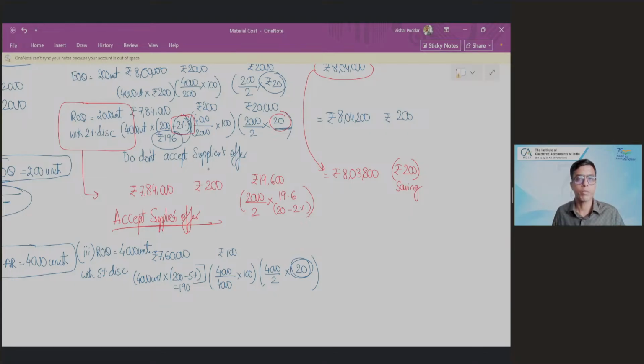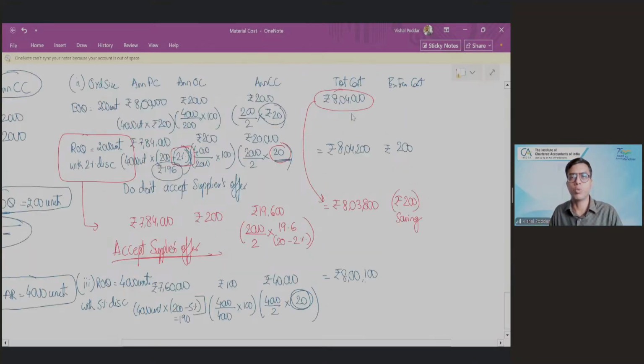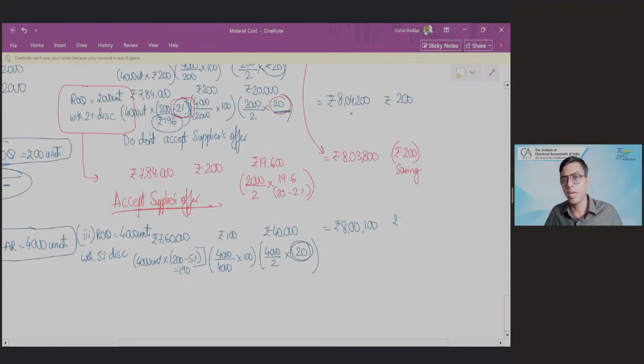Now, if the discount does not affect carrying cost, then this is my position. Now my total cost is 8 lakhs 100 rupees. And comparing it with my EOQ, which is 8 lakhs 4,000, I have 3,900 rupees savings.